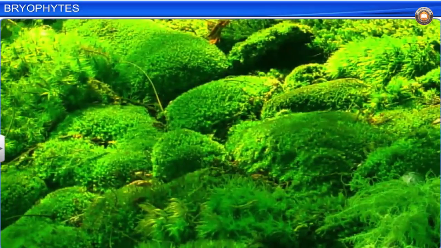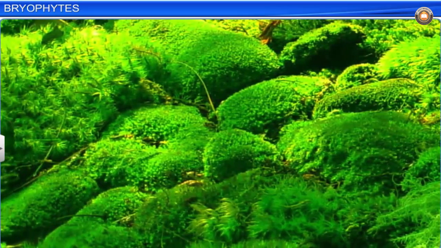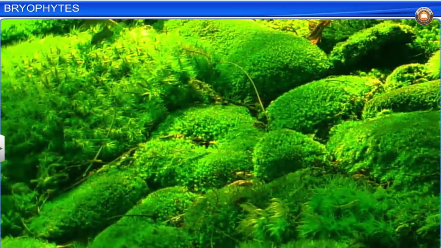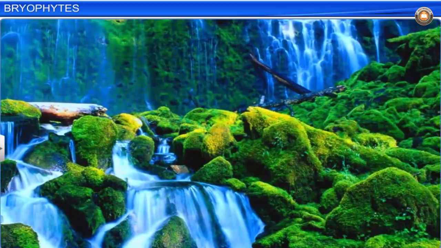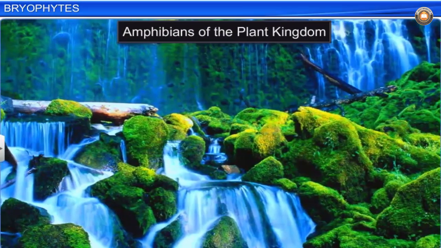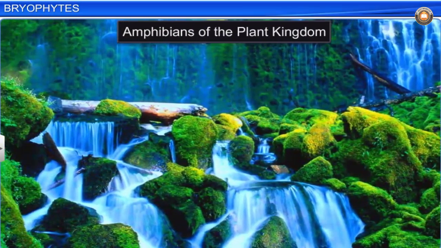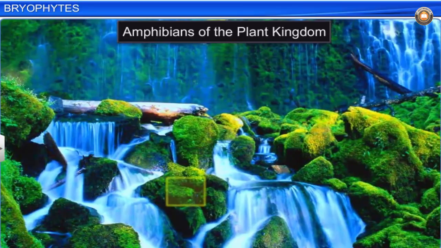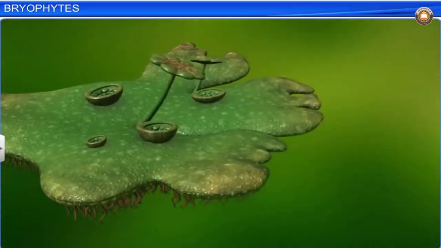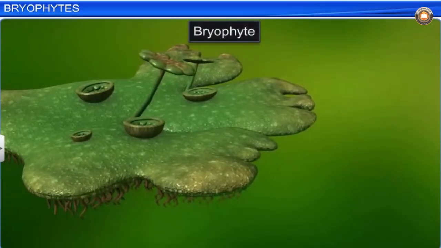Bryophytes are plants that usually grow in damp, humid and shaded localities. They are also called amphibians of the plant kingdom because though bryophytes grow in soil, they need a moist habitat for sexual reproduction. Let's now take a look at the different parts of a bryophyte.